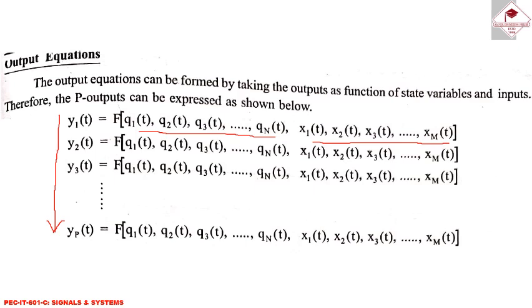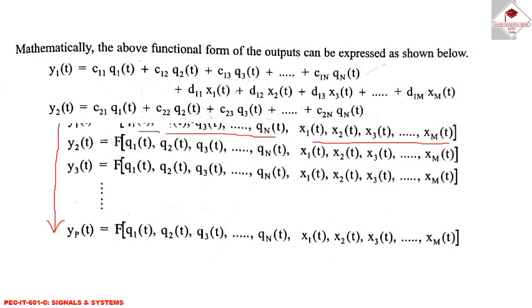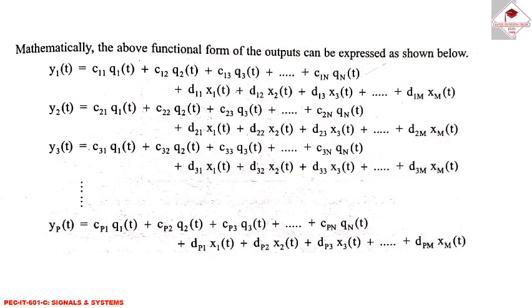After that we are going to combine all the equations, we have to expand this equation. Mathematically, the above functional form of the output can be expressed in this manner. So y1t is written as c11 q1t, c12 q2t, c13 q3t up to c1n qnt.